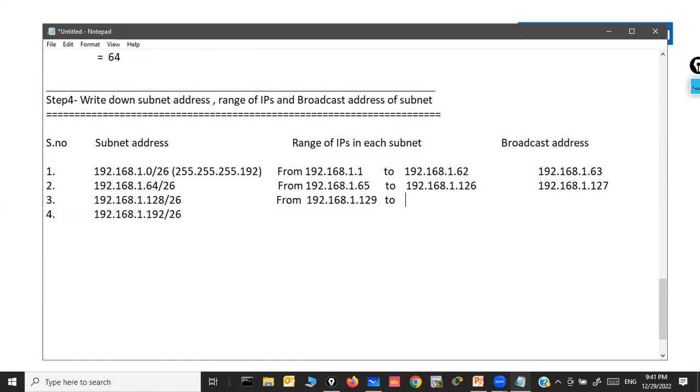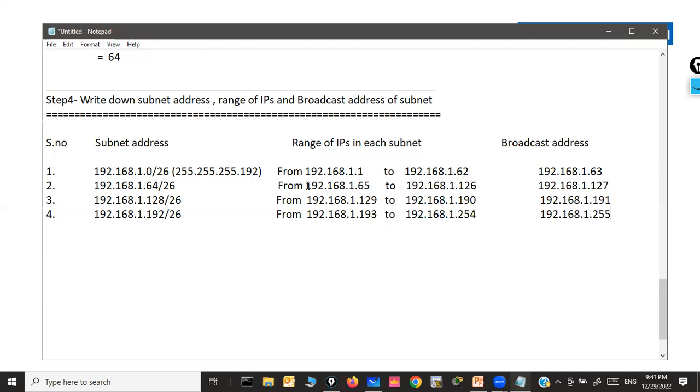All right. And here, 192.168.1.129, then 190, and 192.168.1.191, and the last one from 192.168.1.193 to 192.168.1.254, and 255 is here.